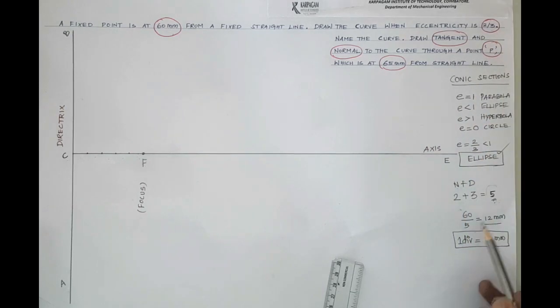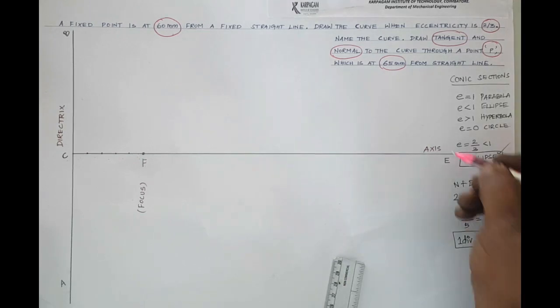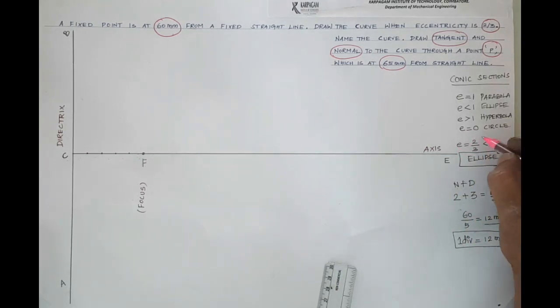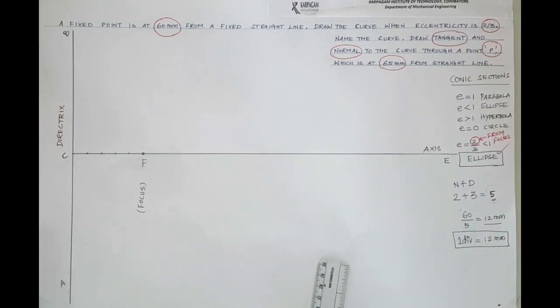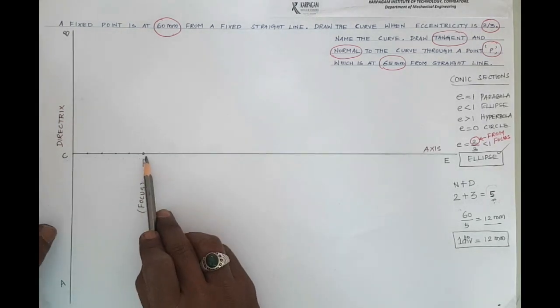Then after that, again come to the eccentricity value. It is 2 by 3, and concentrate on the numerator. Draw a circle like this, then write from focus. Why have I written like this? Come to the focus.